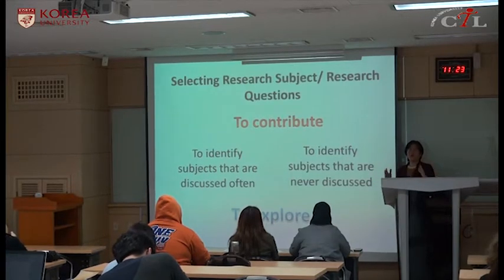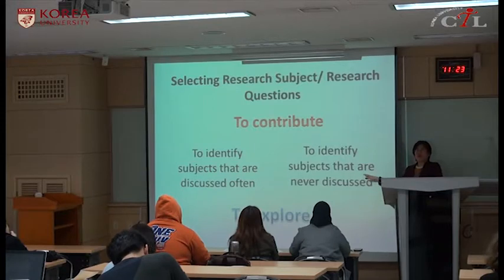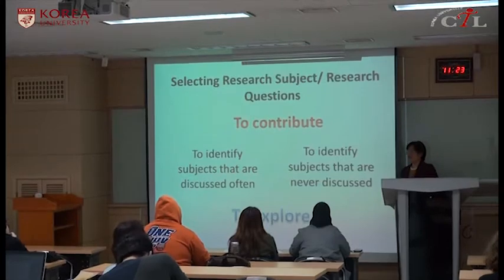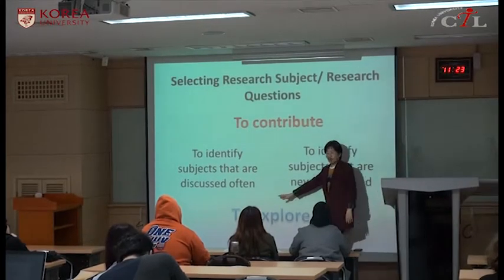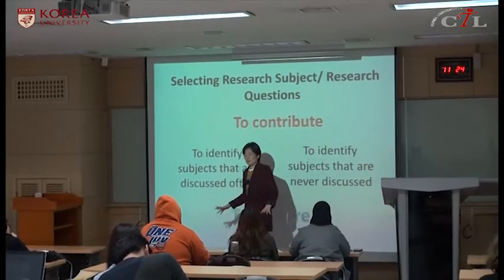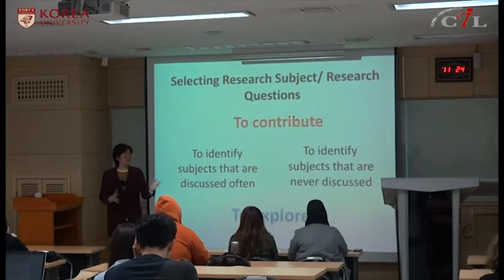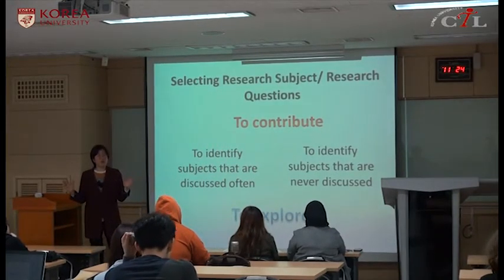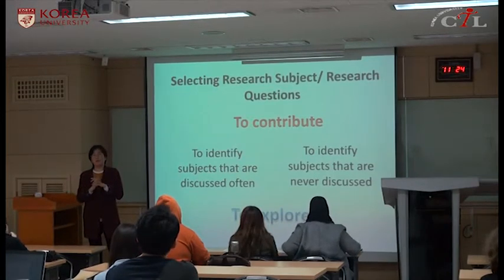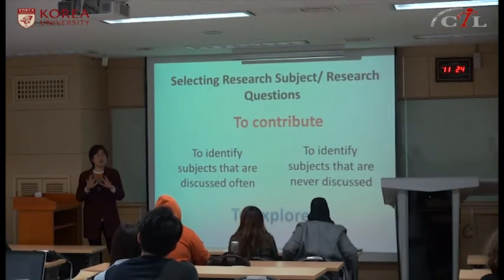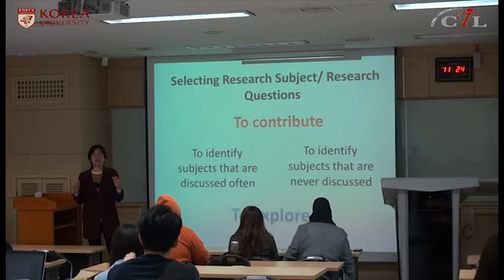You are the very first person to write on a topic that has never been talked about, right? And sometimes you can write about a topic that has been quite often discussed, but maybe many people talk about the same topic and it's quite debated.